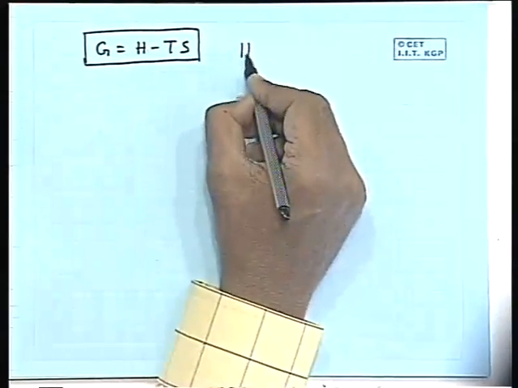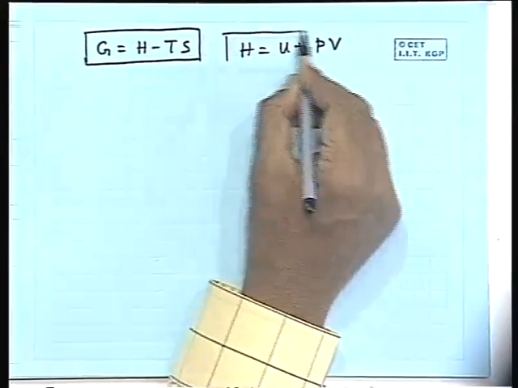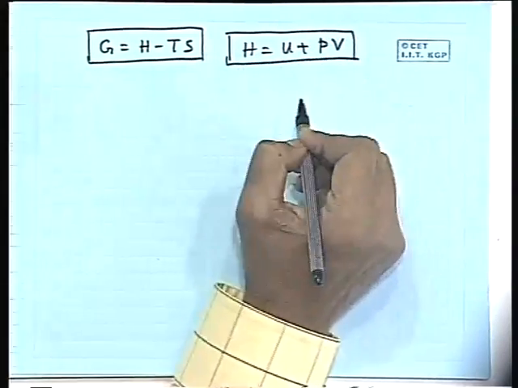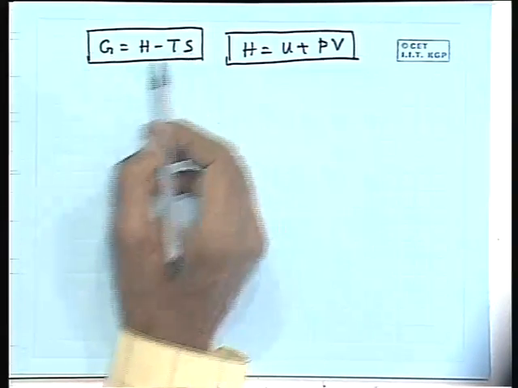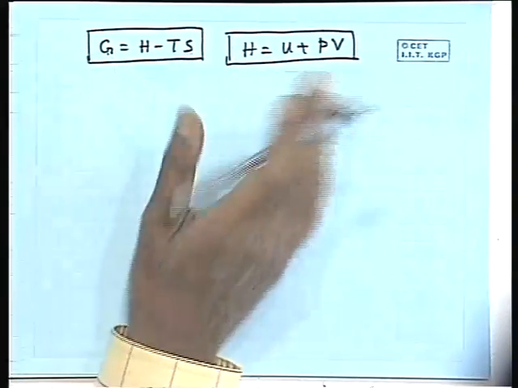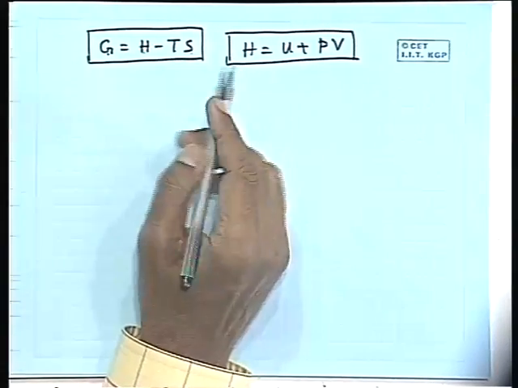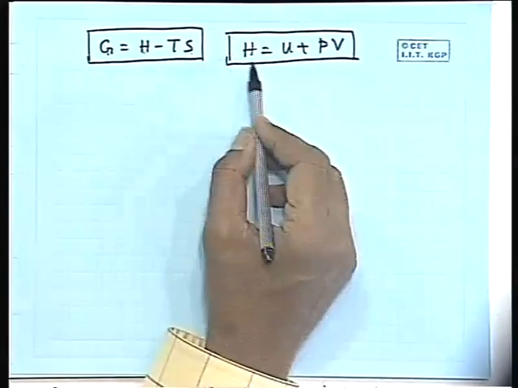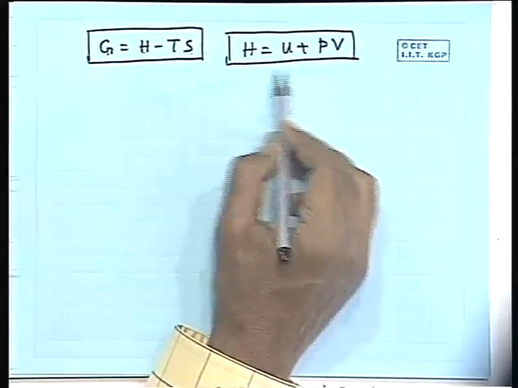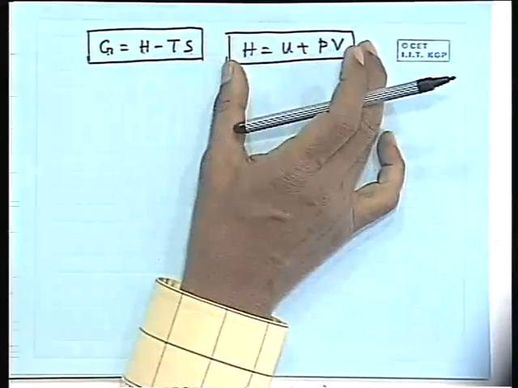H = U + PV is a thermodynamic relation which defines enthalpy. Now, this is valid for single-component and multi-component systems. For a multi-component system, G is the Gibbs function of the system as a whole, H is the enthalpy of the system as a whole, S is the entropy of the system as a whole, and T is the temperature. So H = U + PV is also like that for the system as a whole, for a multi-component system and also for a single-component system.